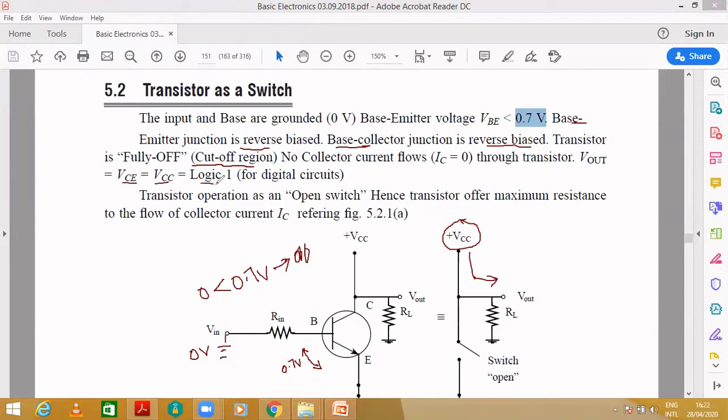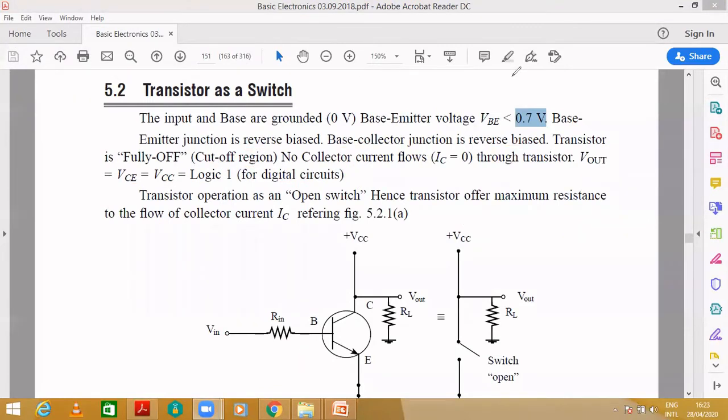That is logic 1 in a digital circuit. If we are giving plus 5 volts, in digital circuits this is represented as logic 1. Why logic 1? Because a digital circuit has only two values, 0 and 1.